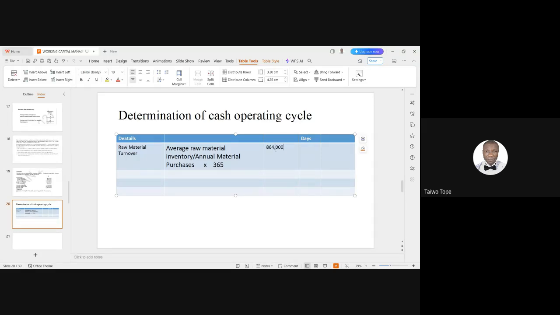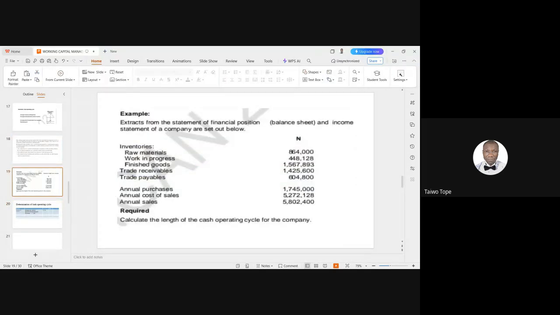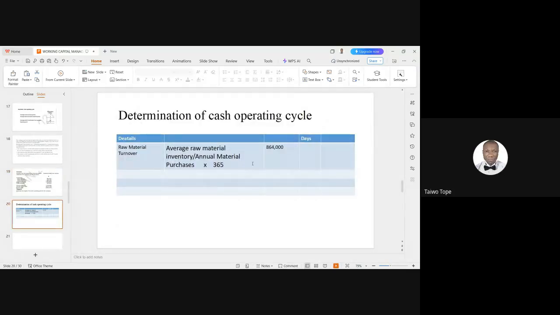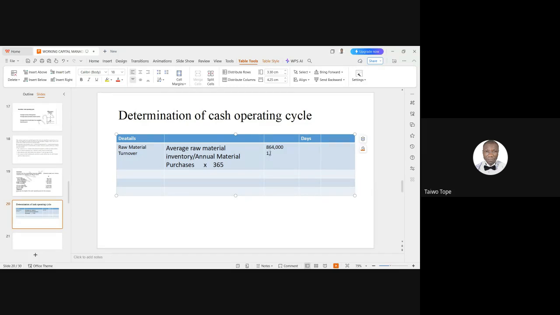The annual material purchase is what? Annual purchases: 1,745,000.